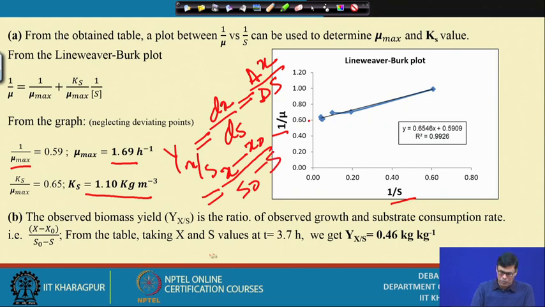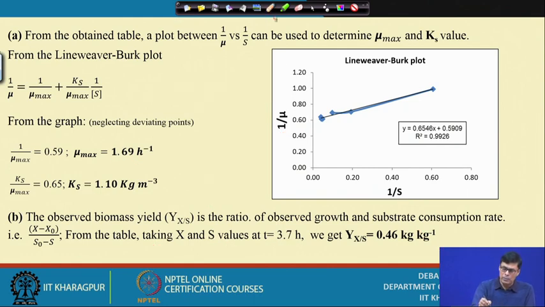From this ratio, taking the value from the table at time 3.7 hours, we get the Y x by s value 0.46 kg per kg. So, we can easily find out the values of the different kinetic constants of any microbial system. I hope everybody can do it very easily.